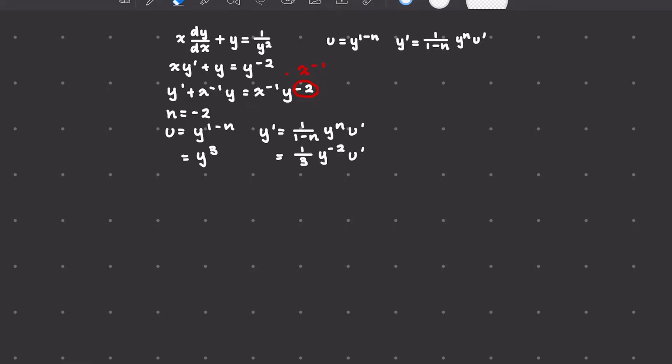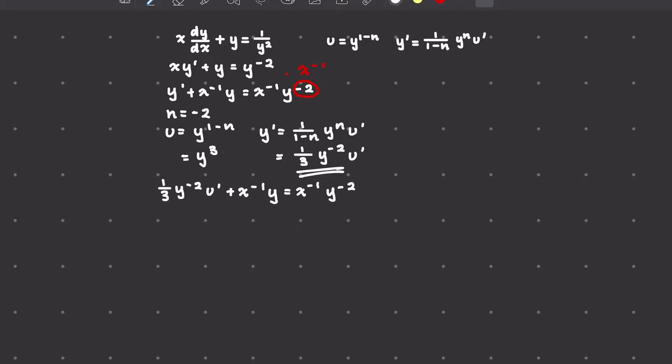So we know our dy/dx is equal to this, which is 1/3 y^-2 du/dx, plus x^-1 y equals x^-1 times y to the power of negative 2.